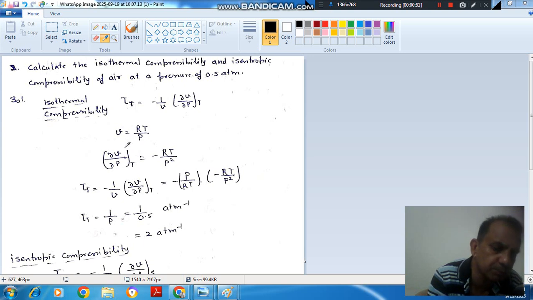If we differentiate it with respect to P at constant temperature, R and T remain the same because R is constant, and the differentiation of 1 by P is minus 1 by P square.